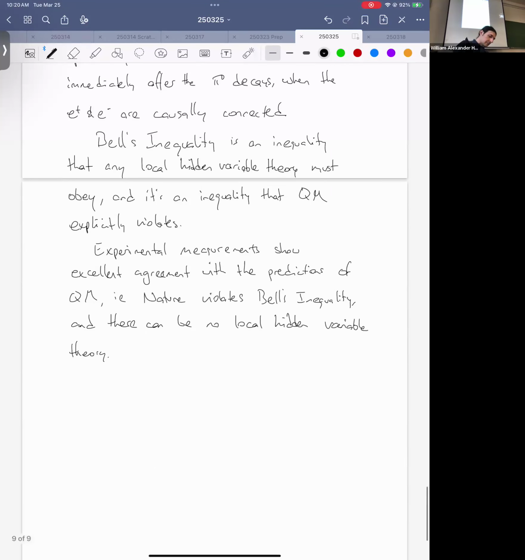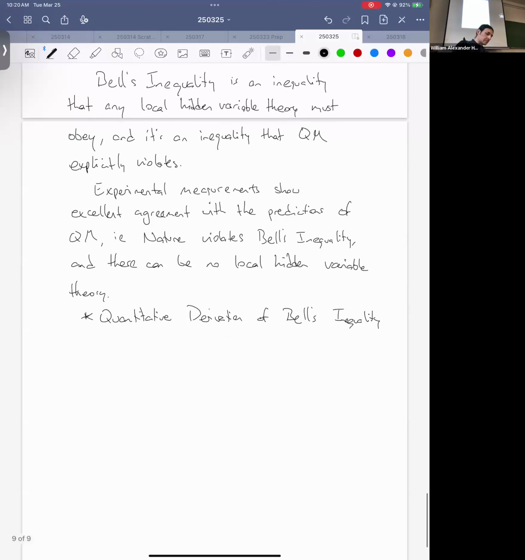All right, so the quantitative derivation of Bell's inequality. Our big picture is to try to exploit the triangle inequality.